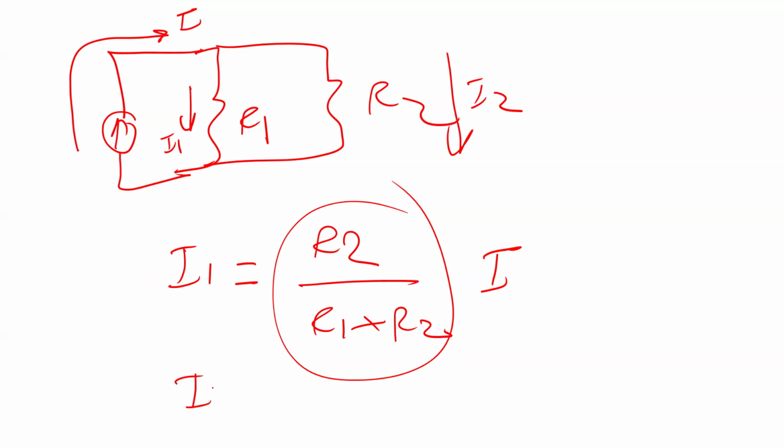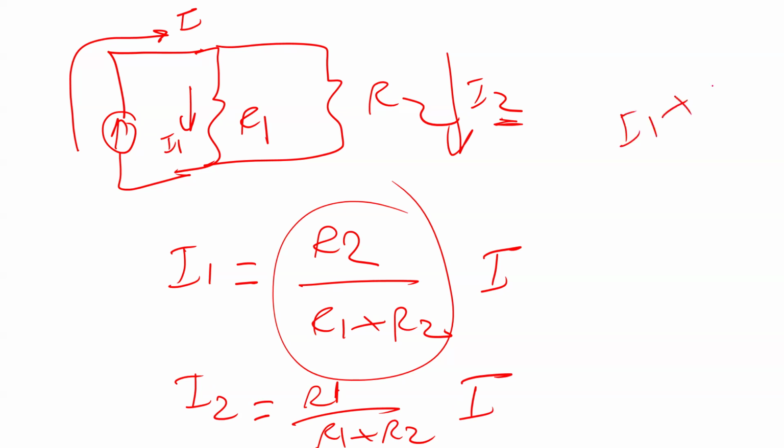What about I2? Here I calculate the current I2 in the resistor R2. So it's going to be the other resistor, which is R1 divided by R1 plus R2 times I. It's very obvious that if you add I1 plus I2, you get I. So the math works this way.